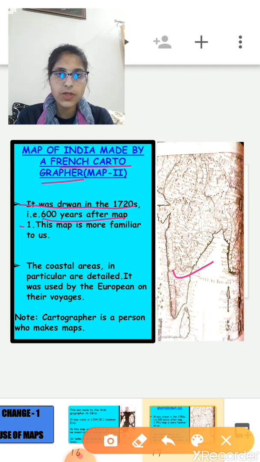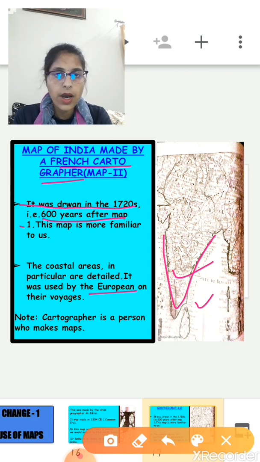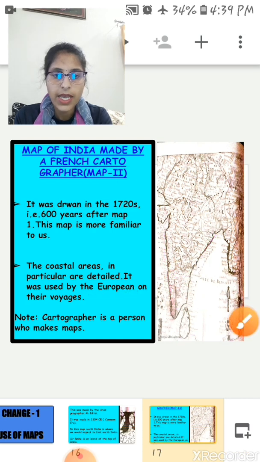Because it is quite similar to the map which we use today. The coastal areas in particular are detailed, and at that time it was used by the Europeans. The most interesting fact about this map is that Sri Lanka is located in the south of India. Is it clear?